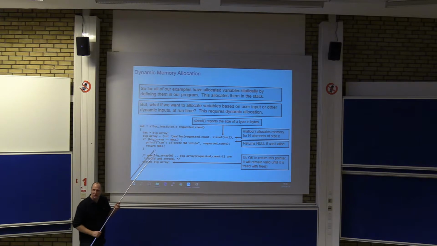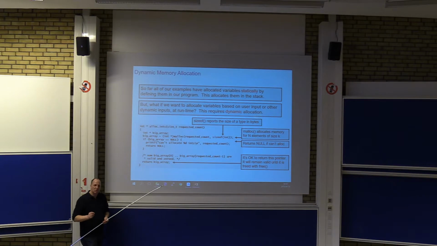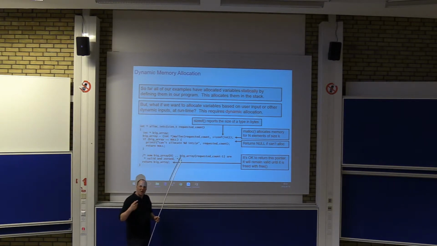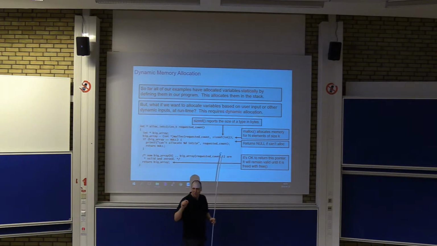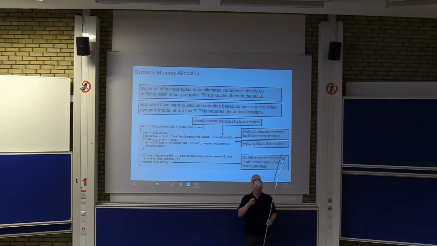And if you have programmed in Java, this is not something that you have needed to think about, because in Java there is something called a garbage collector. You allocate new objects with the new keyword, and you send in some class, and then you get a reference back that you can pass around.